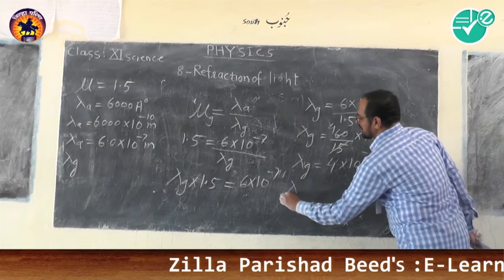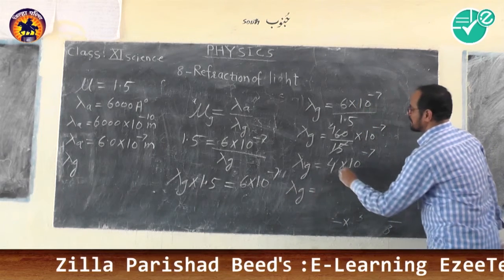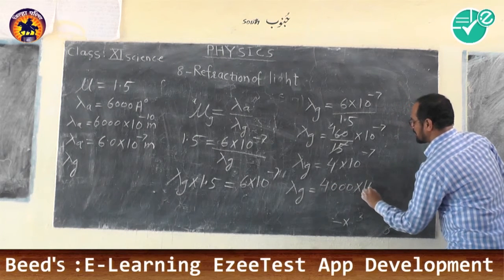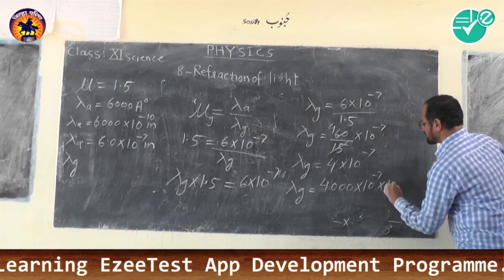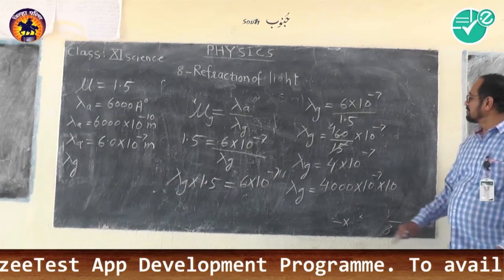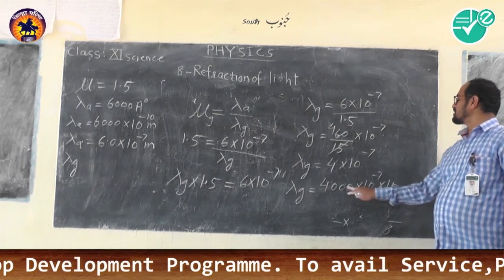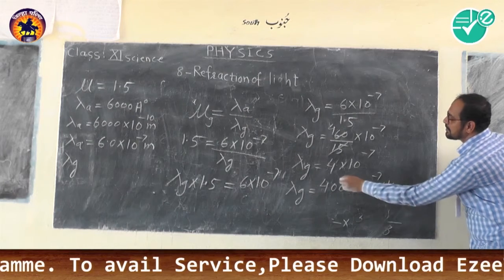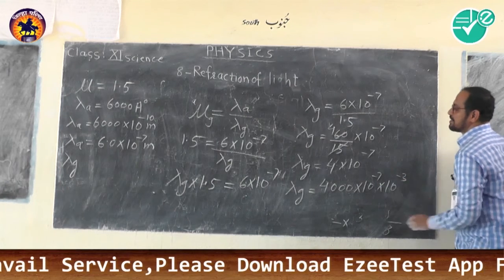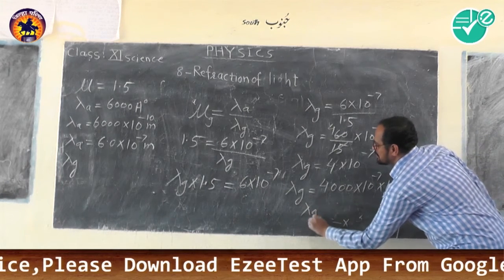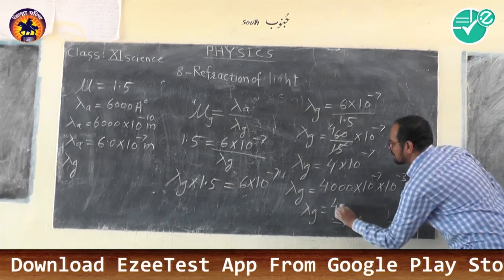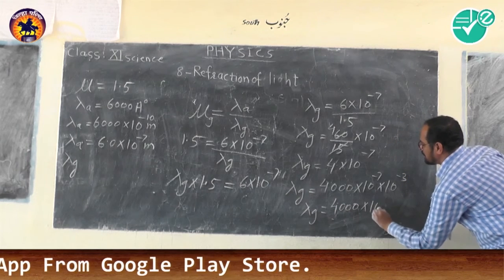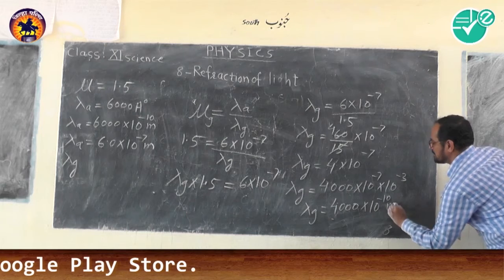Or we can also write it as 4000 into 10 to the power minus 10 meter.